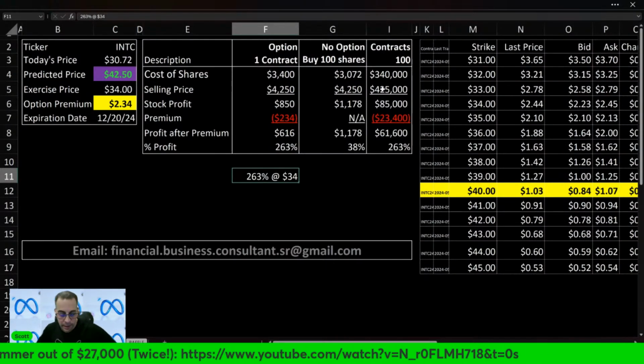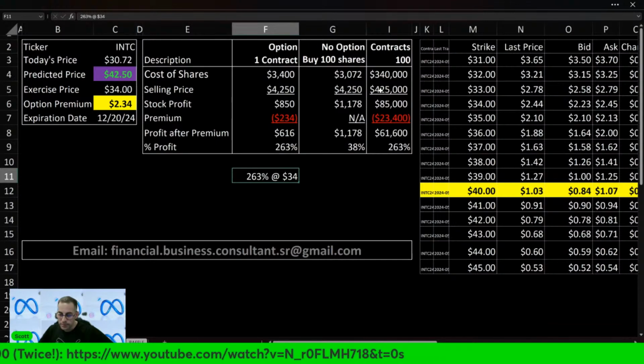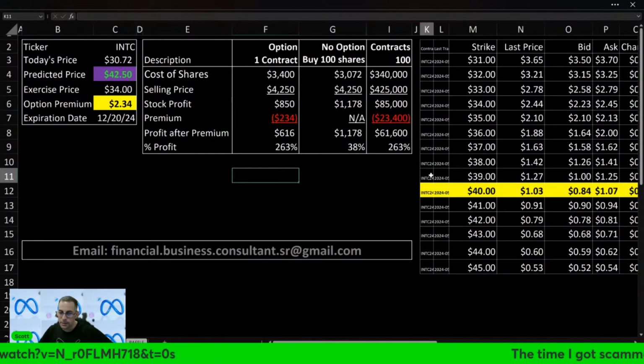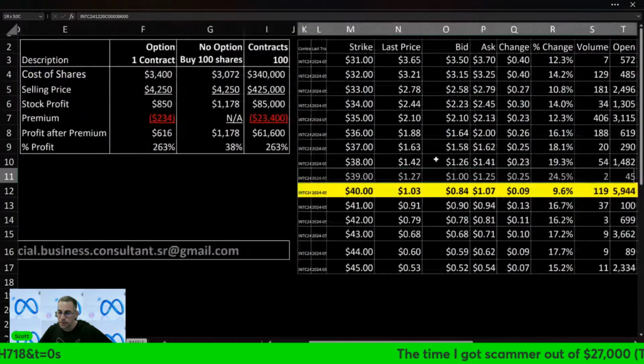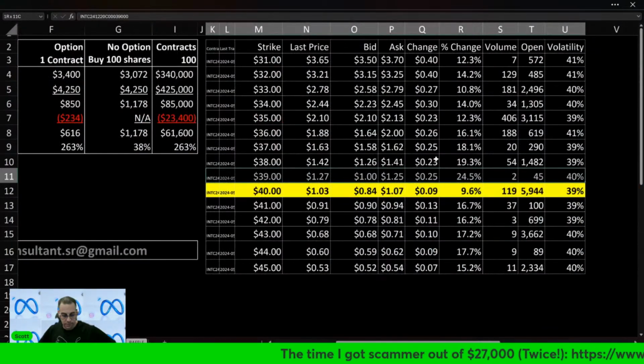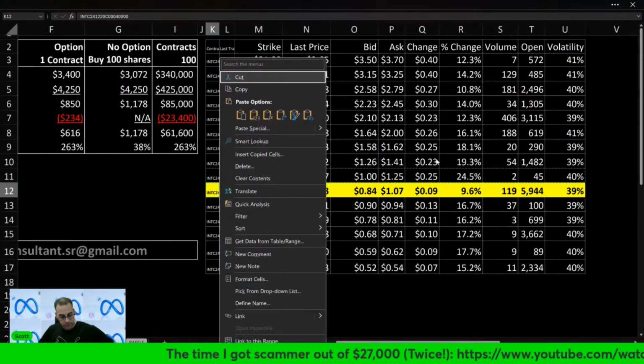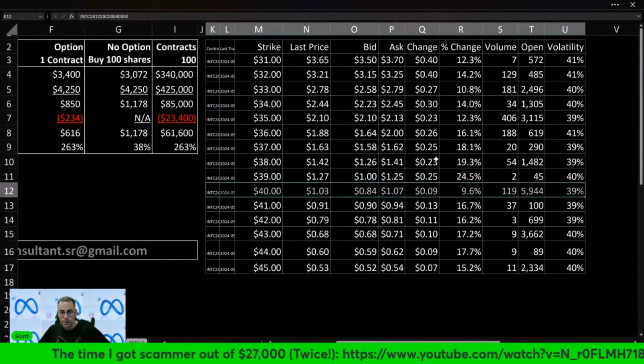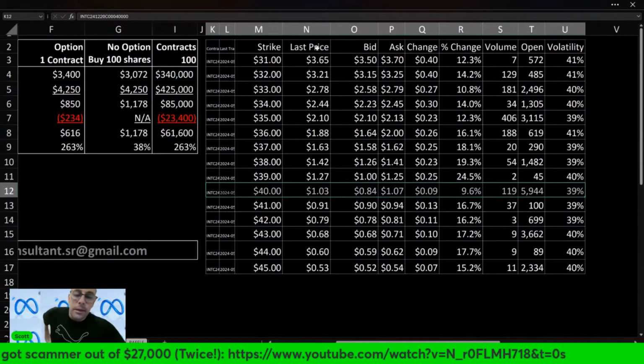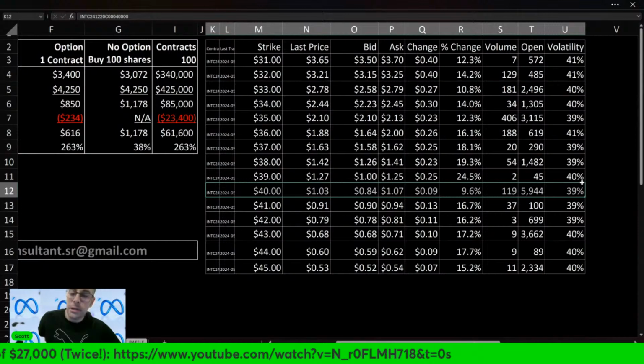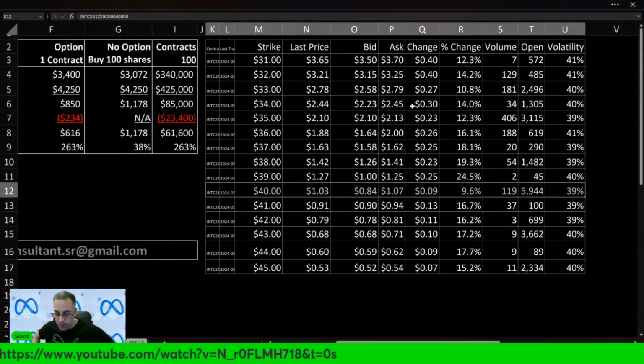Any tickers? Because these are the prices in the options market. These are real prices.